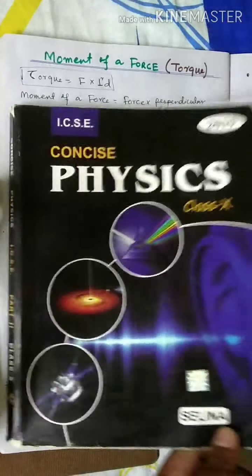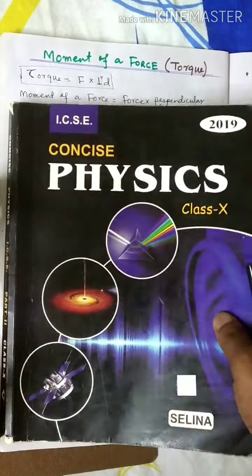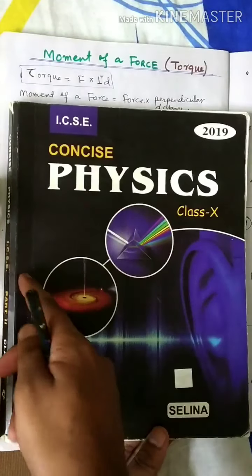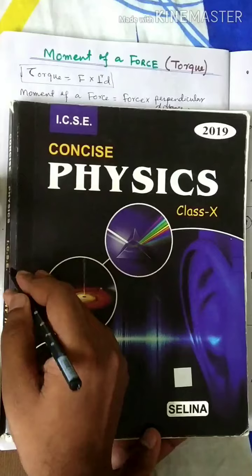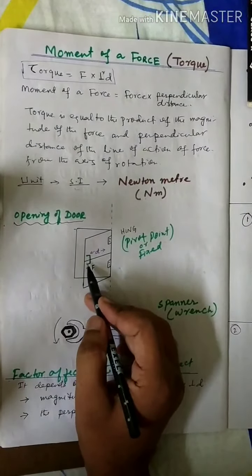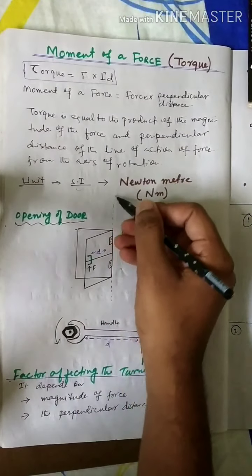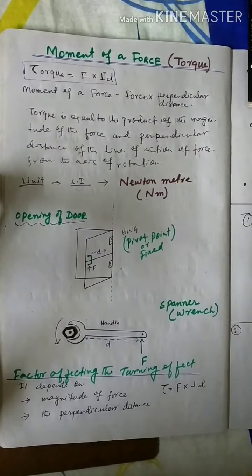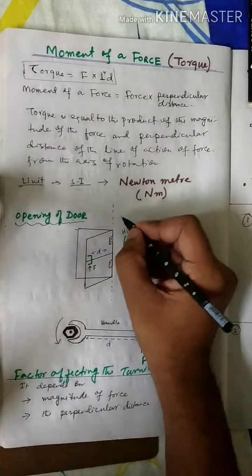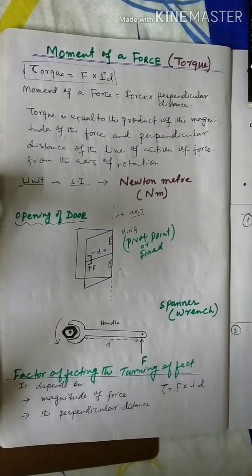Now when you apply force here, the door will open. If you apply force here, the door will not open. We'll discuss that later. Look at this. This is the hinge, and this is the handle. The dotted line indicates the pivot point or axis of rotation.